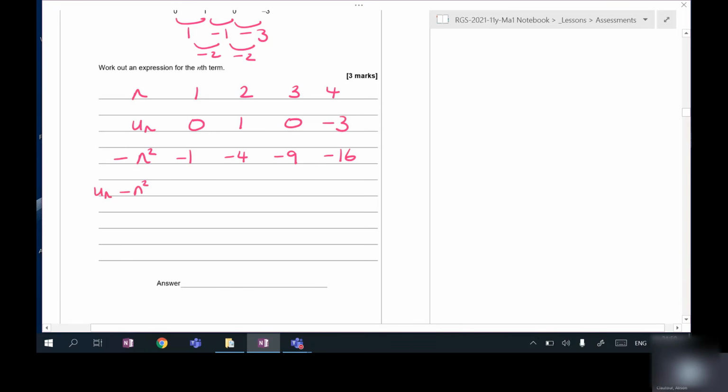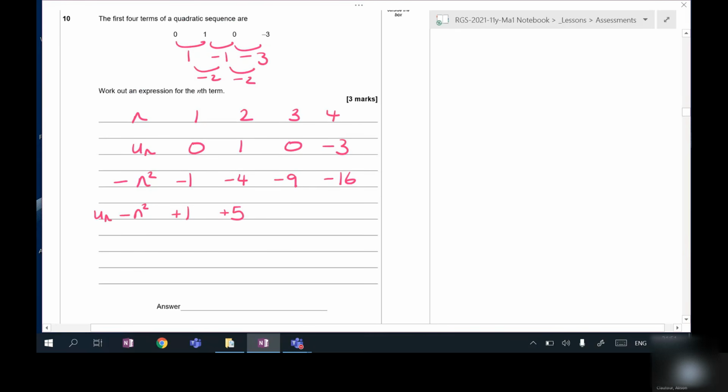Okay, so 0. So I've got minus 1. I need to add 1. And then we've got minus 4. I need to add 5. At minus 9, I need to add 9.